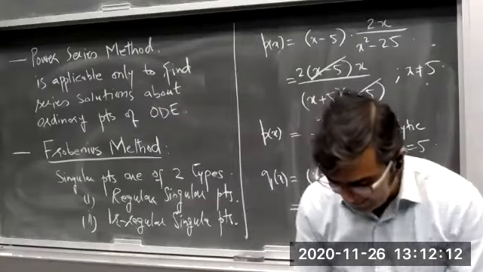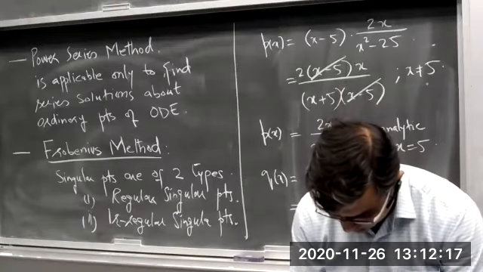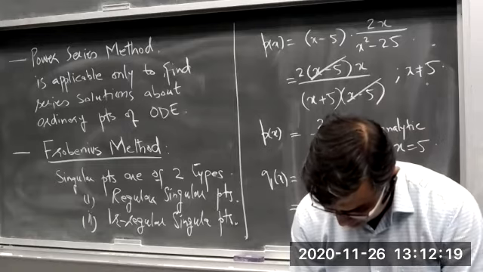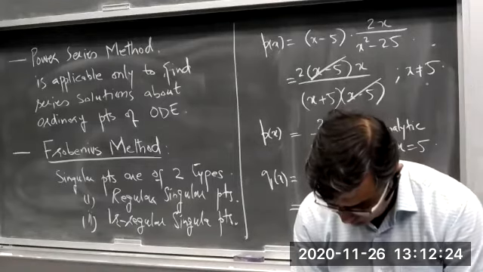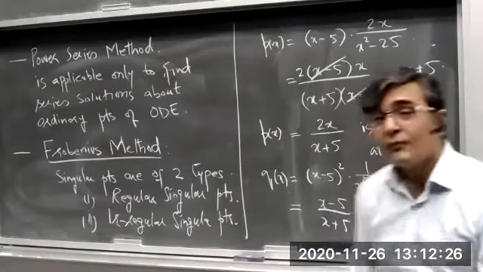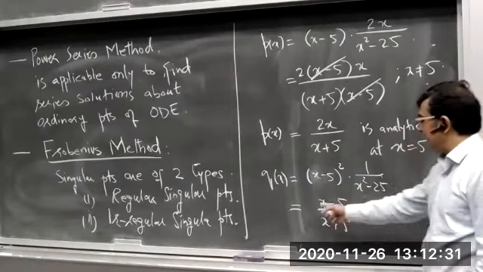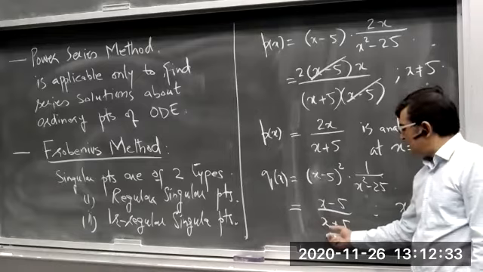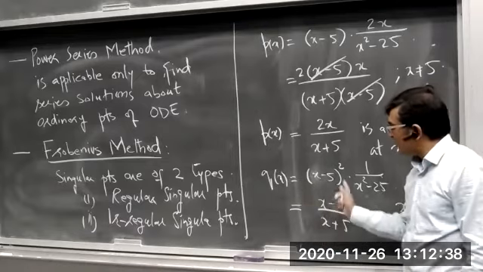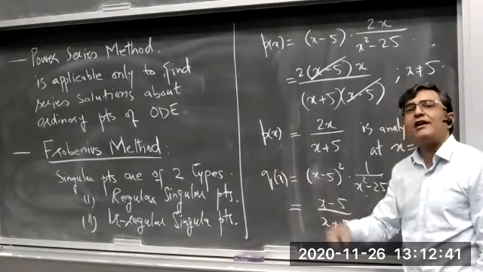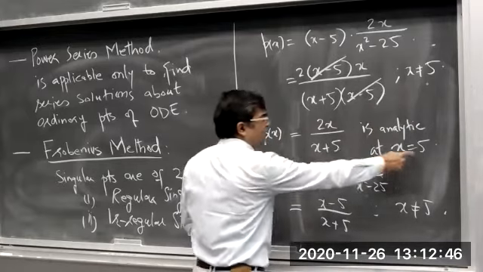Now q of x is basically what? Is it analytic at x equal to 5? Yes, it is analytic at x equal to 5. आप x equal to 5 पुट करें तो यहाँ पे 0 आ जाएगा ना, ठीक है. और 5 पे ये अनडिफाइंड तो नहीं होता, तो ये कॉन्टिन्यूस होगा ये फंक्शन, ठीक है. कॉन्टिन्यूस होगा, डिफरेंशिएबल भी होगा. सो q of x is again analytic at x equal to 5.